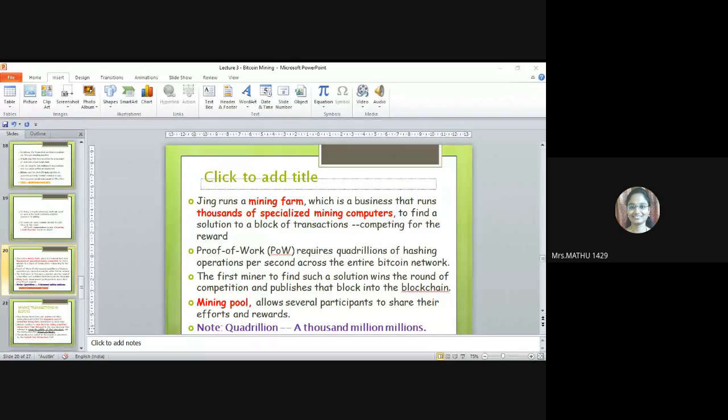Now, this requires quadrillions of hashing operations. Quadrillion is 10 to the power 15.